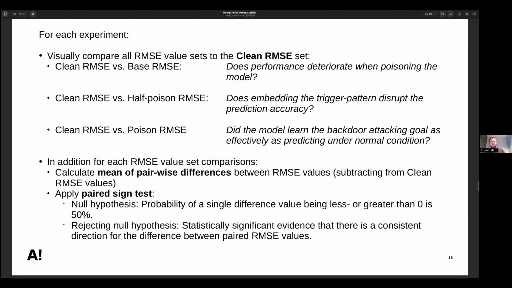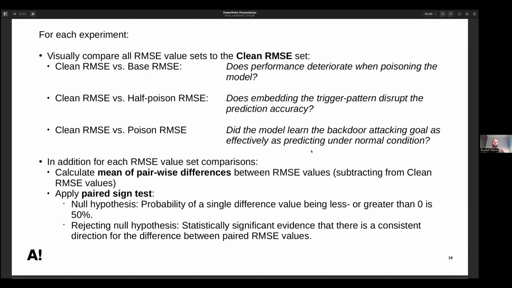And lastly, we compare the clean RMSE set to the poisoned RMSE set, which tries to answer the question of, did the model learn the backdoor attacking goal as effectively as predicting under normal conditions?